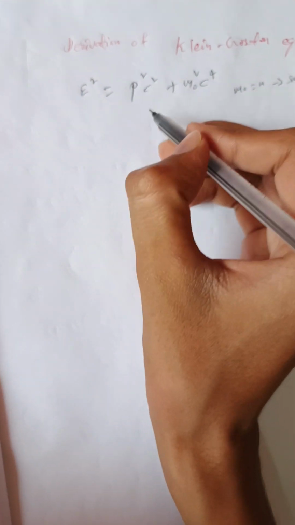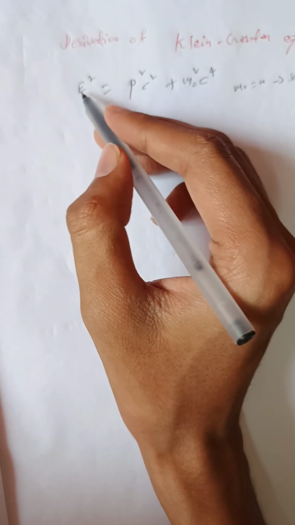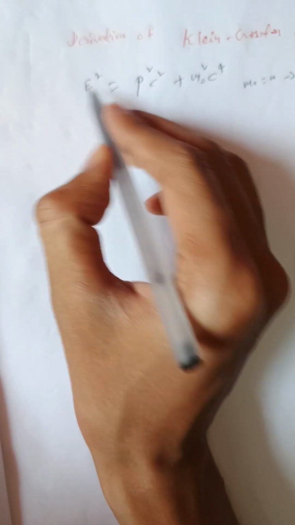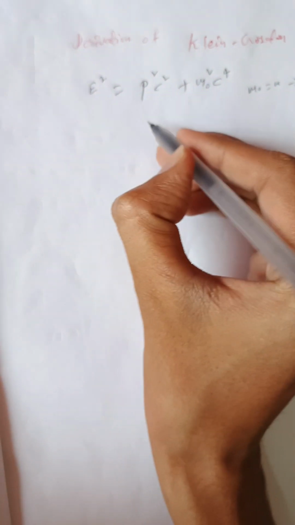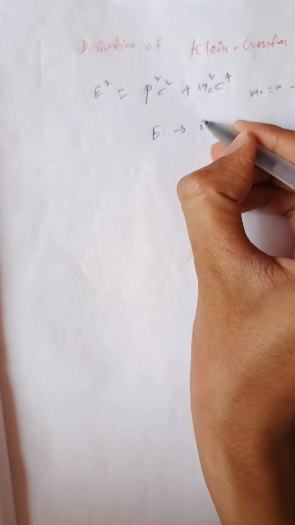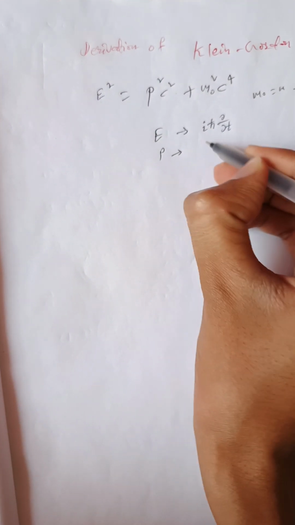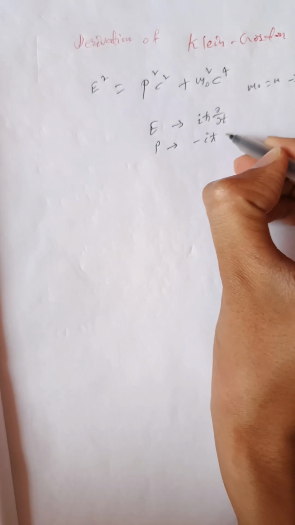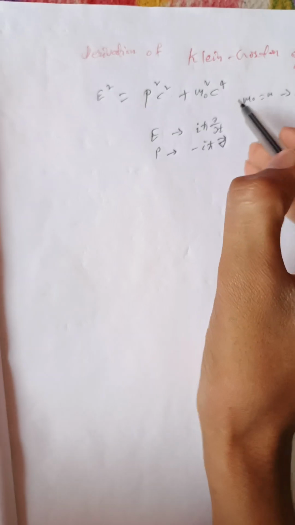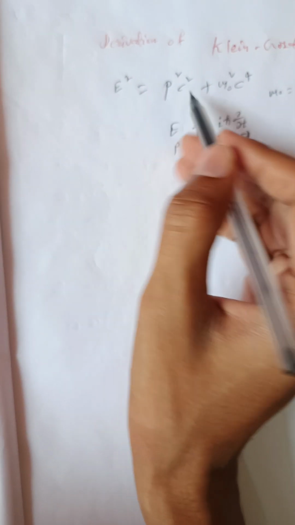Okay, so to proceed further, I will use the operators corresponding to energy and momentum. The energy operator is given by i h bar del by del t, and the momentum operator is given by minus i h bar del operator.